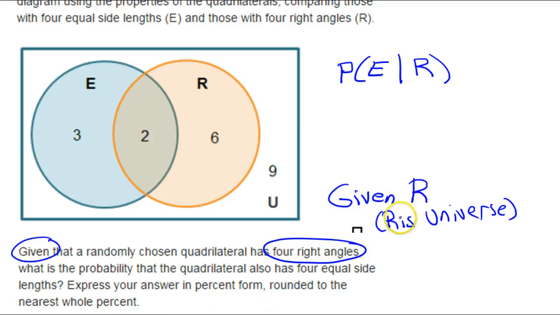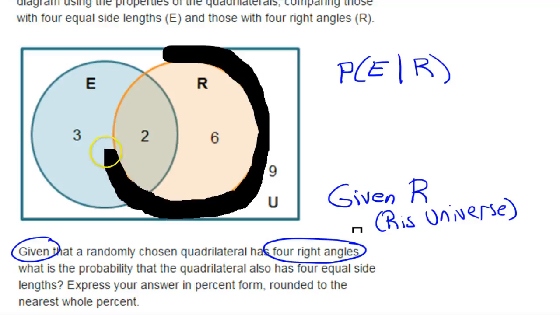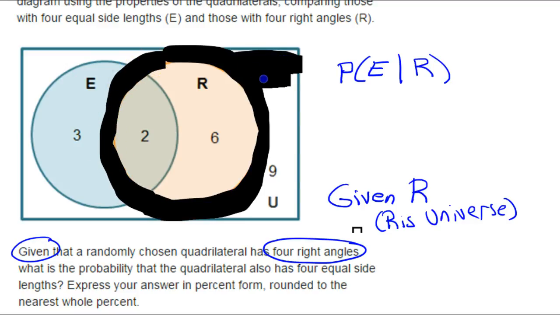So the key is what we're given. We're given R, so that means R is the universe now. If R is the universe, that means everything outside of R no longer exists. So all this out here is gone. R is the universe. That's what given means.